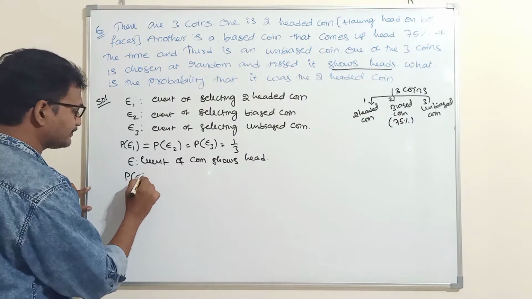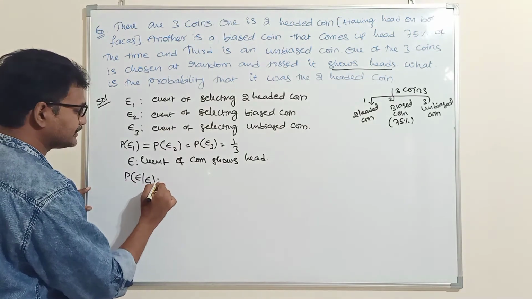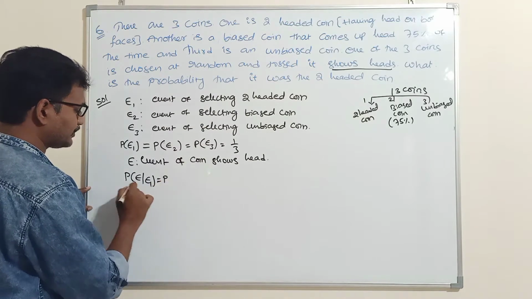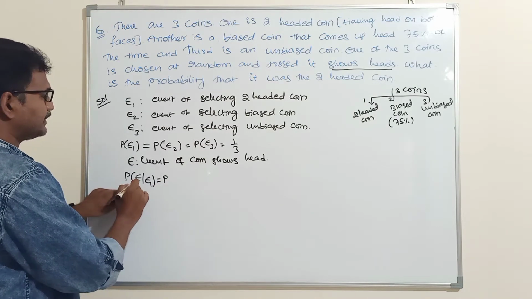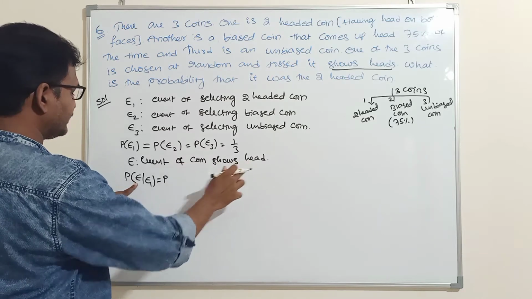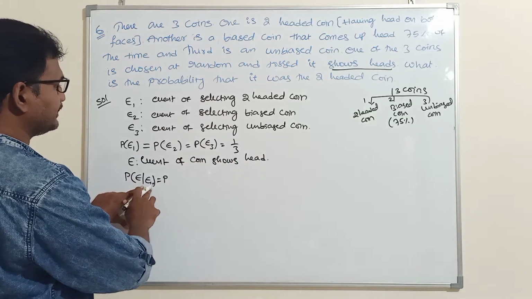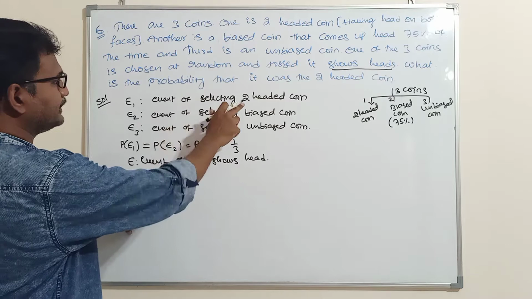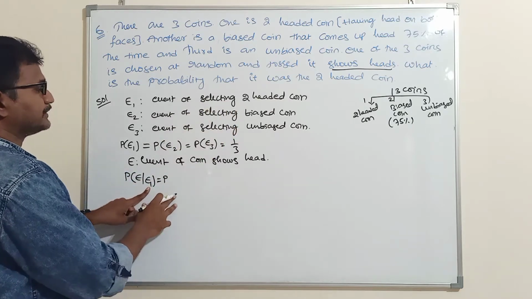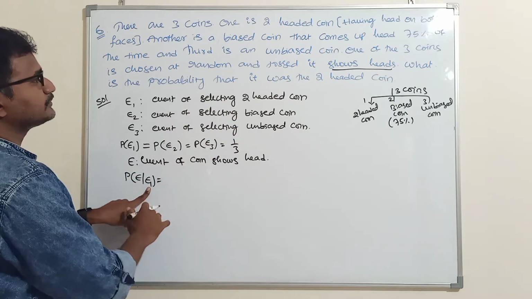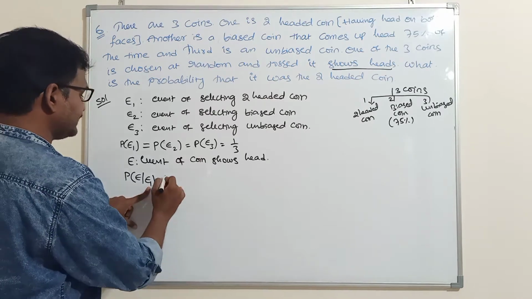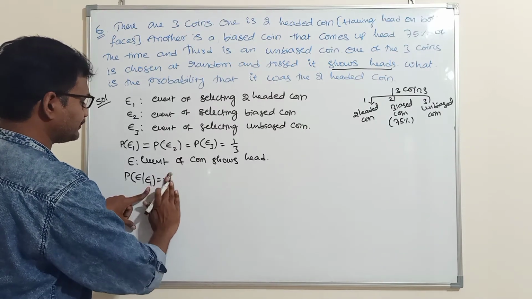That means, what is P of E given E1? That means the probability of the coin showing head, given that it is a two-headed coin, is 2 by 2.